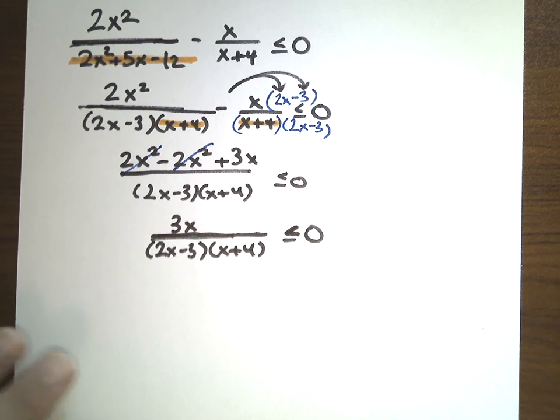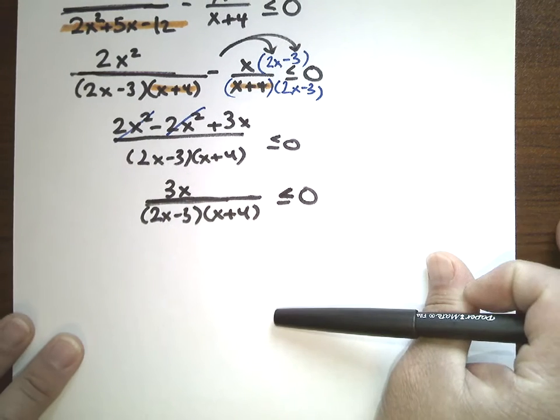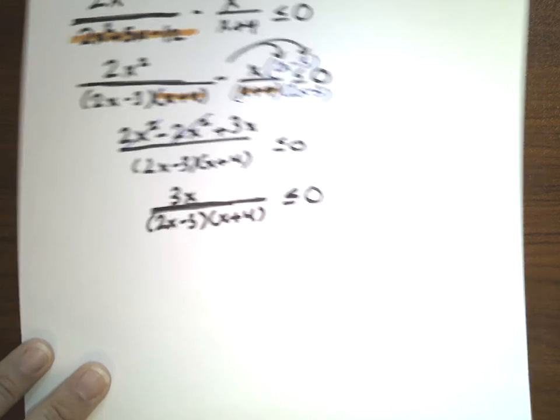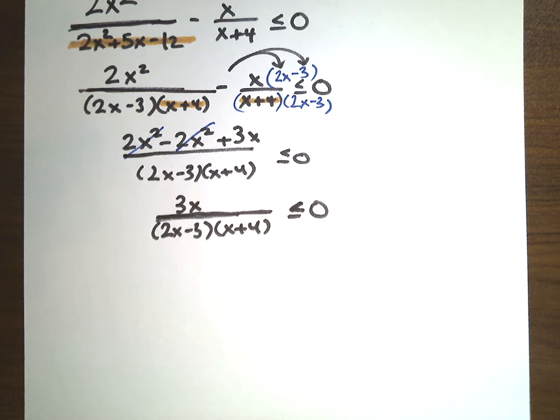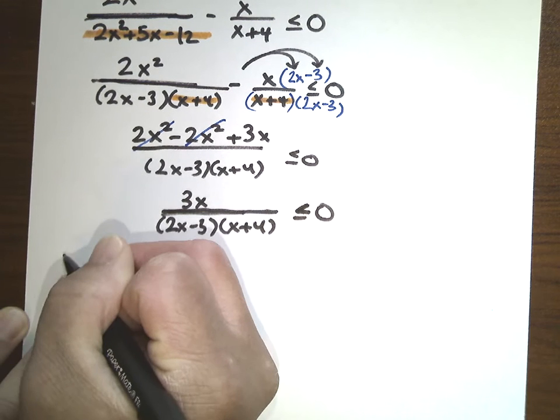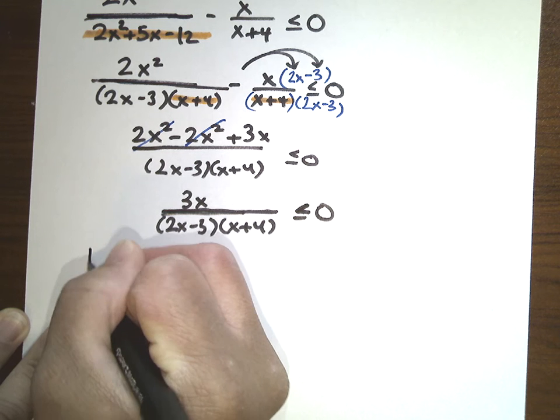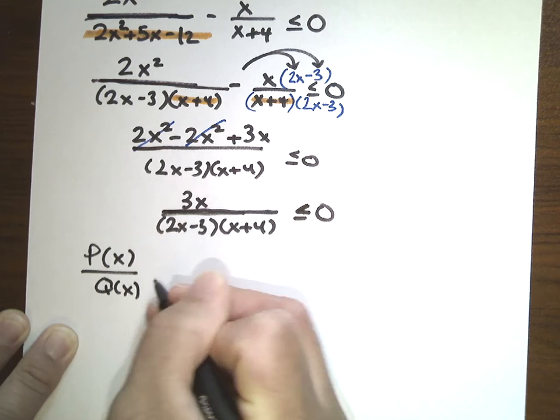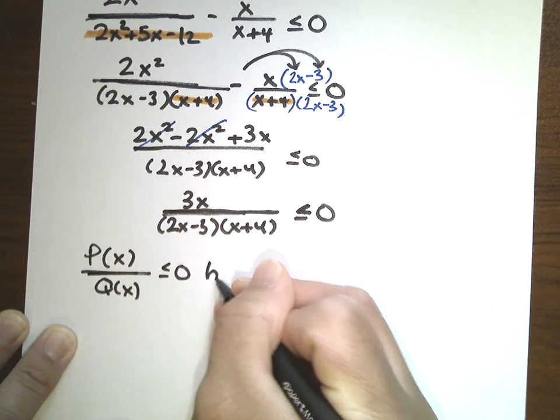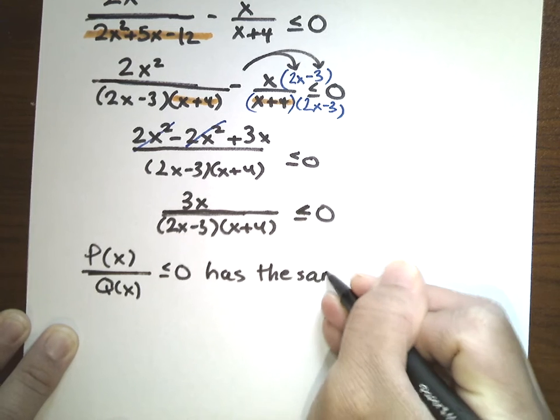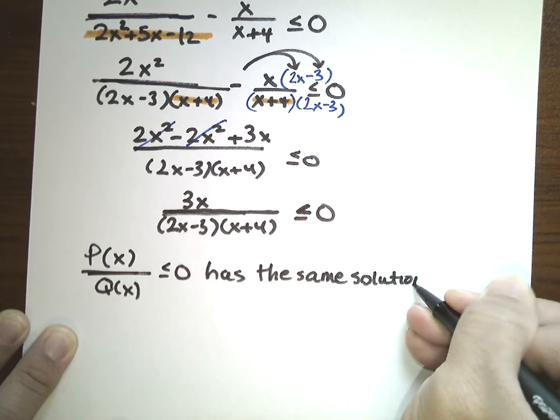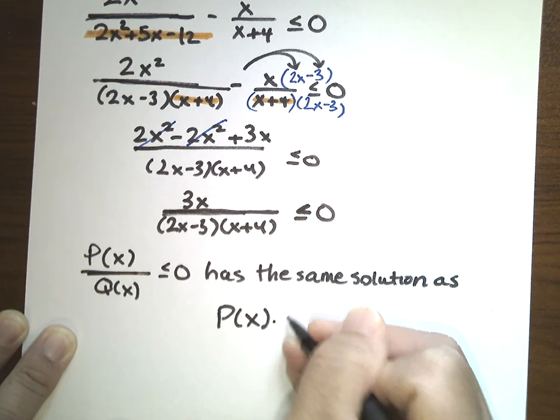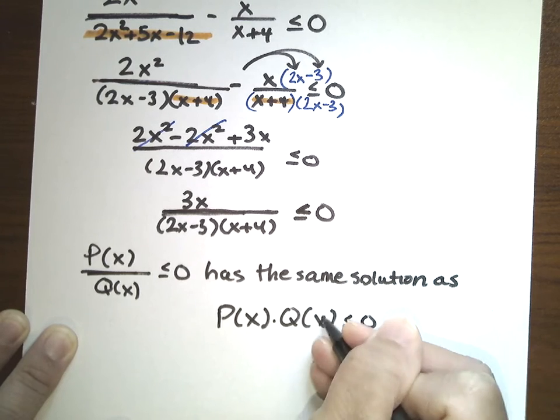Now, here is where I'm going to use not necessarily a trick, but just a theorem that most people don't use. So what you should know is that if you have one expression over another expression, let's say less than or equal to 0, then this has the same solution as if I multiply the numerator and denominator together.